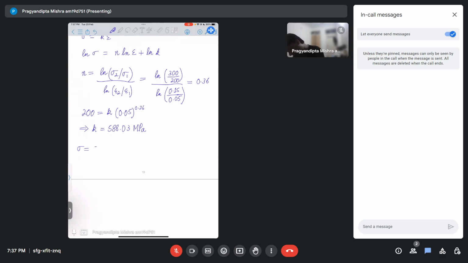So this is equal to 588.03 into 0.3 to the power 0.36. This is our final answer. So let me just calculate.